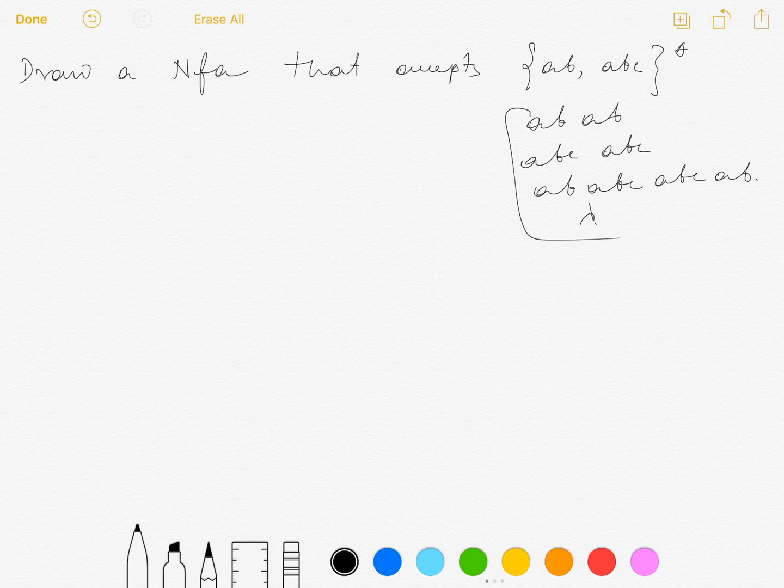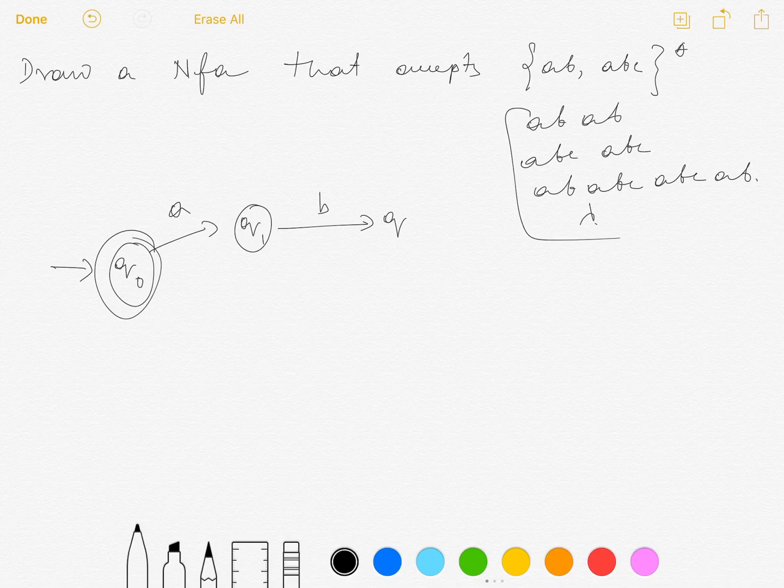Now, as it is an NFA, we can easily solve this problem like this. Take AB, it goes along one path, and as lambda is also acceptable, Q0 must be the final state. Okay.